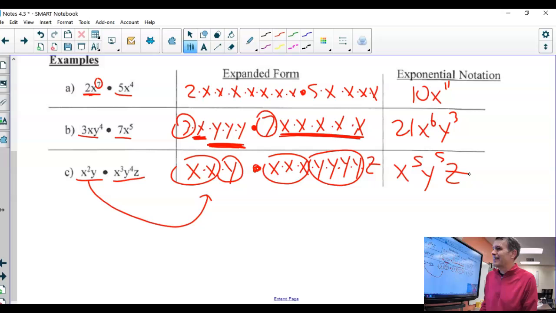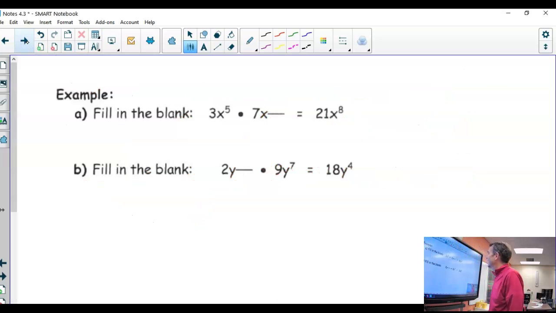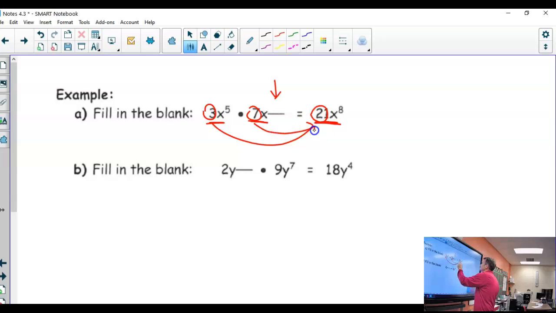All right. Last thing, I think. Can you fill in the blanks? So you're going to have a couple homework problems like this. Let's see. What would go in this blank right here so that when I multiply these together, I get 21x to the 8th? So what I notice is that the 3 and the 7 gives me the 21.